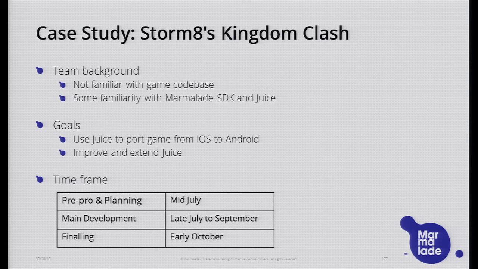And down the bottom there, there's an idea of what the time frame was. So the main development was really done in August and September of this year using that team. So it was a relatively quick operation. The split was about 65% of our effort went on extending and improving Juice, and about 35% of the effort went on the actual porting of the game itself.